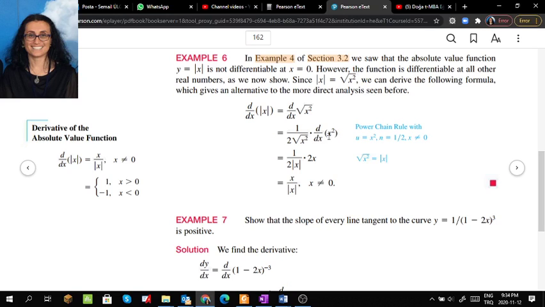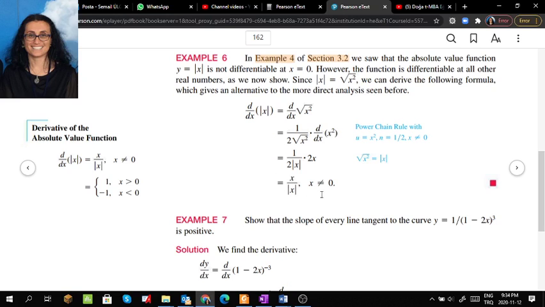Okay, therefore we have 1 over 2 square root of x squared, but we know the square root of x squared is the absolute value of x, and the derivative of x squared is just 2x. The 2's are going to cancel. The answer is x over the absolute value of x.